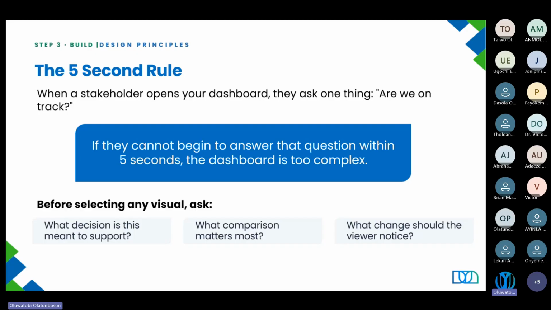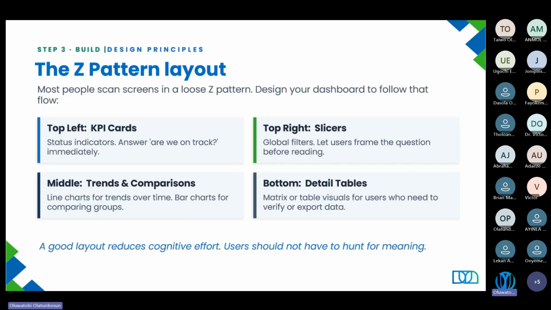And what changes should the viewer notice? So just remember the 5-second rule. If your stakeholders cannot answer your question within 5 seconds, then your dashboard is too complex, right? I'm trying to rush so that we can get into the practical session properly.